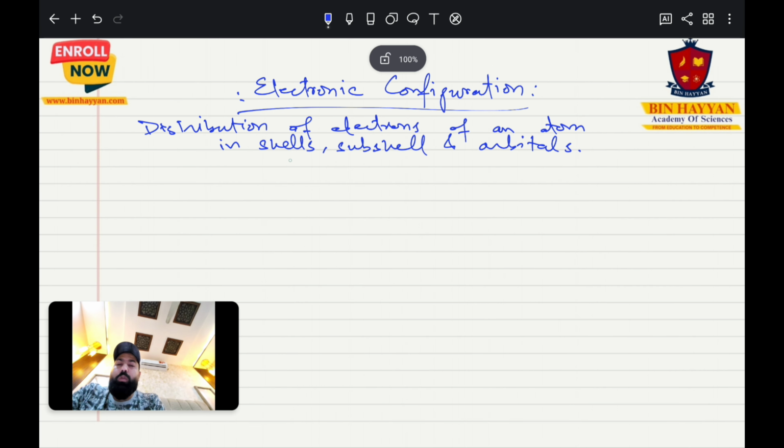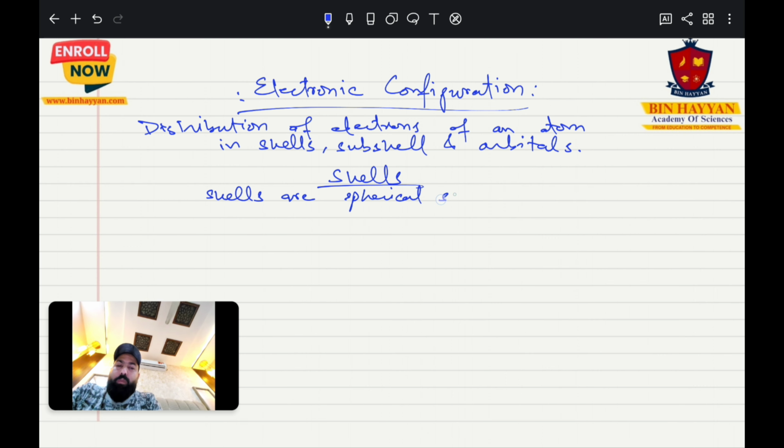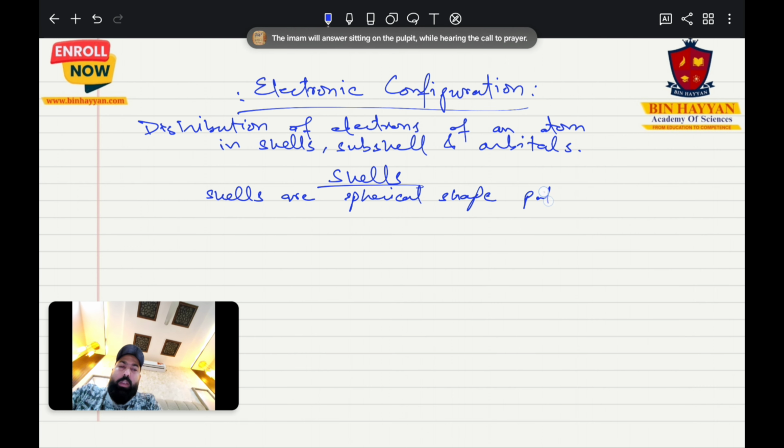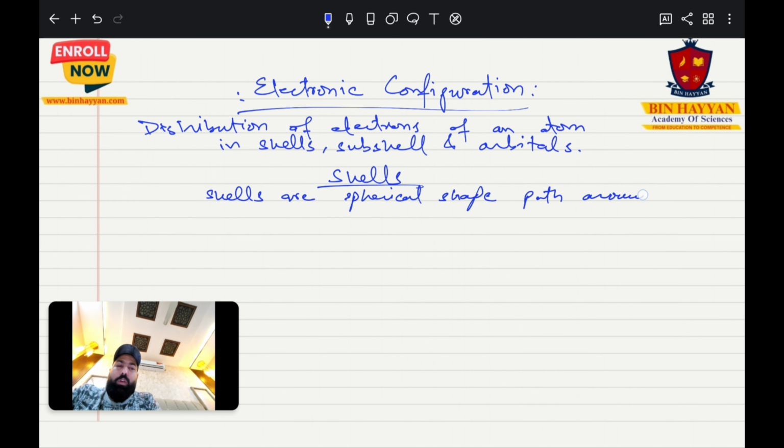Now the question is, what are the shells? Shells are a spherical shape path around the nucleus where electrons are revolving.